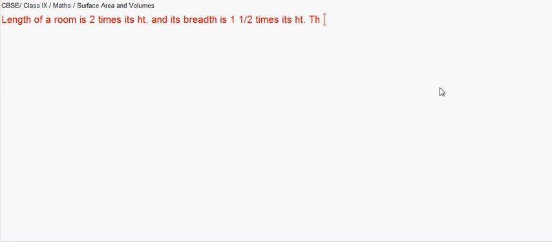The cost of painting, I say, whitewashing the walls at a rate of rupees 1.60 per square meter is rupees 179.20.